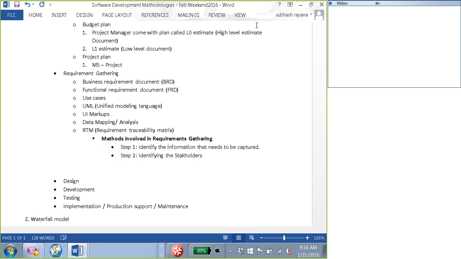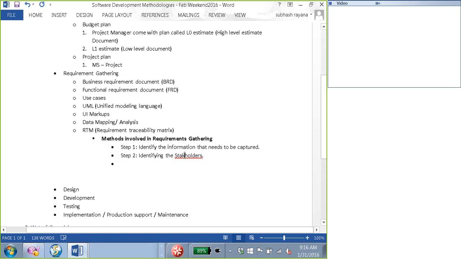Let me tell you why this is very important. Because what happens is once you have finished documenting, the requirements have to be officially approved by the business users, right?